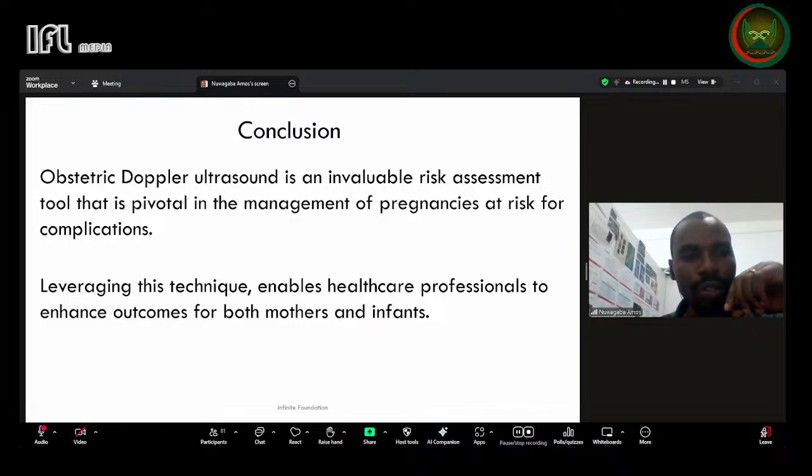And in conclusion, obstetric Doppler is an invaluable risk assessment tool that is pivotal in the management of pregnancies at risk for complications.